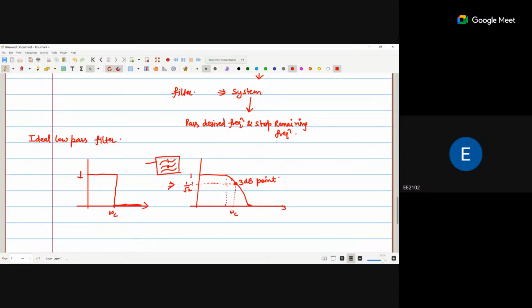Why? Because the maximum magnitude is 1. If the magnitude is reduced by 1 upon root 2 times, so basically 1 upon root 2 is 0.707. Okay, and if you convert into dB, its value is 3 dB.